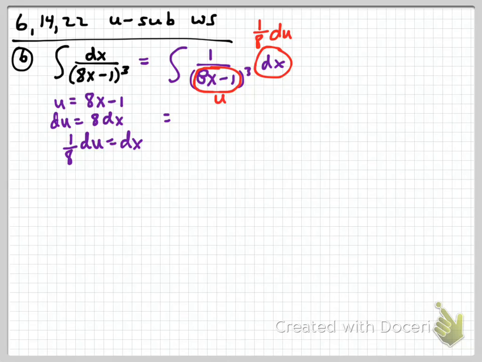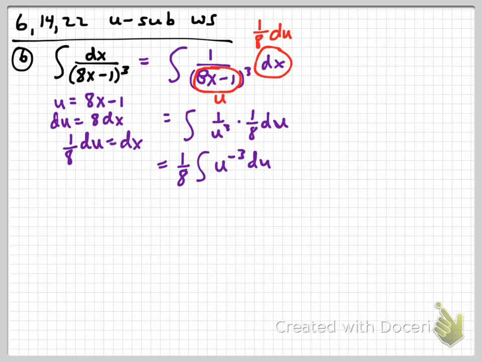Okay, so we have 1 over u cubed times 1 over 8 du, which if we factor out that 1/8 and then rewrite our integrand, we get 1/8 times u to the negative 3 du. Well, we have a formula for that.